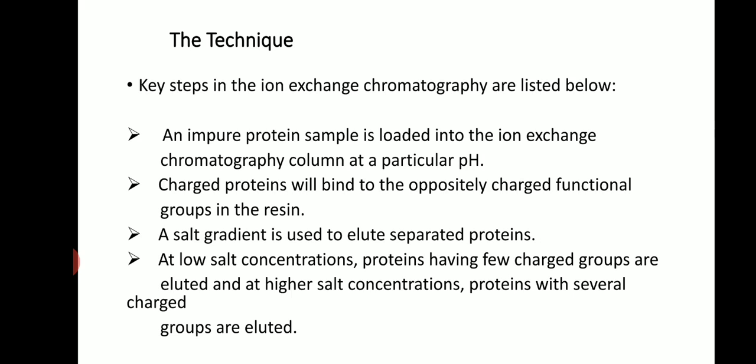A salt gradient is used to elute separated proteins. At low salt concentrations, proteins having few charged groups are eluted, and at higher salt concentrations, proteins with several charged groups are eluted.